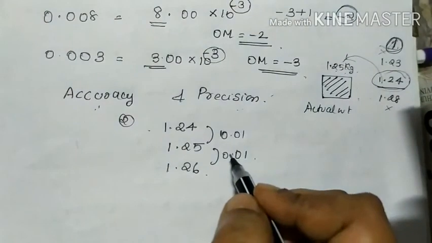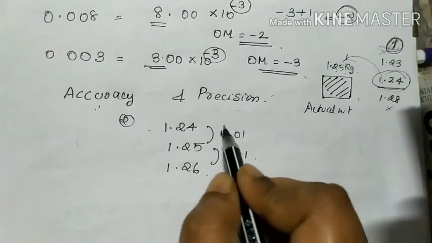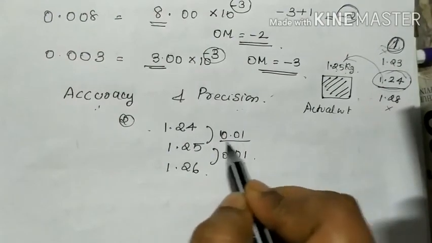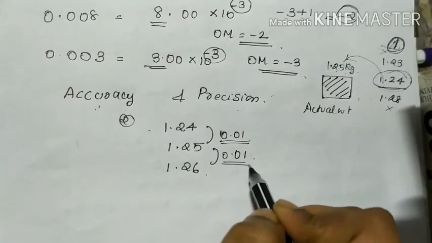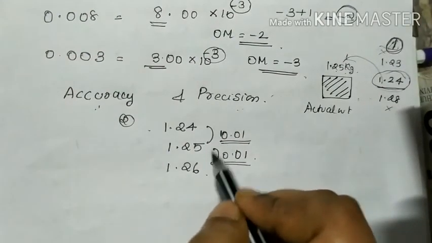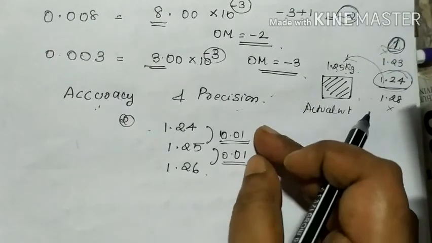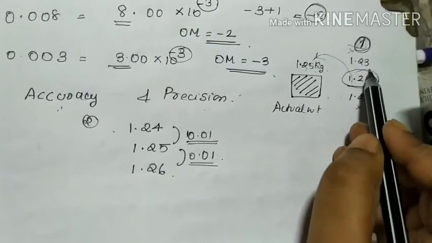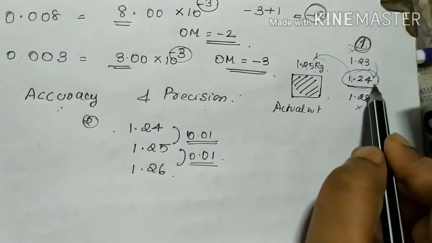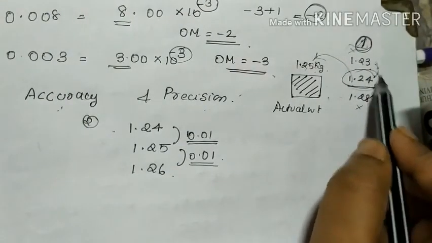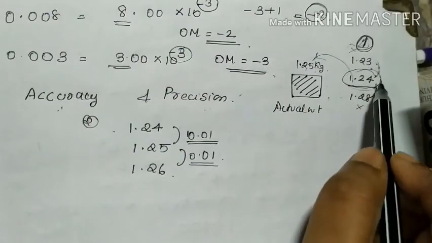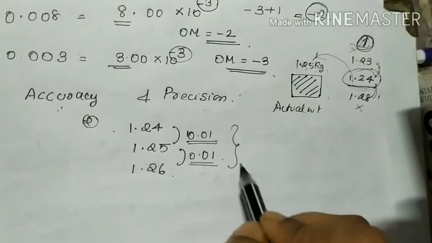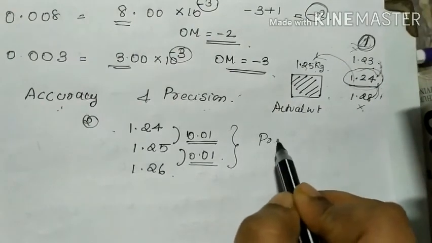Precision is how close the measured values are to each other. See, the difference here is 0.01, here also it is 0.01. So the measured values are quite close to each other and have the same difference. Whereas here it is 0.01, but here it is 0.04. So the difference is not consistent, right? So I will say these 3 measurements are precise.